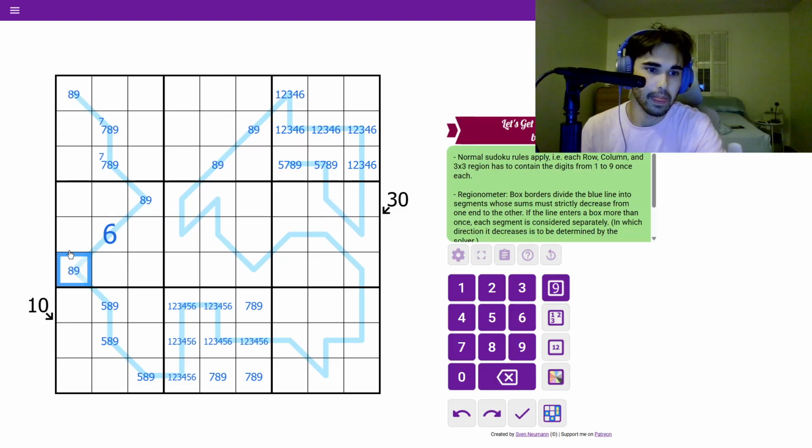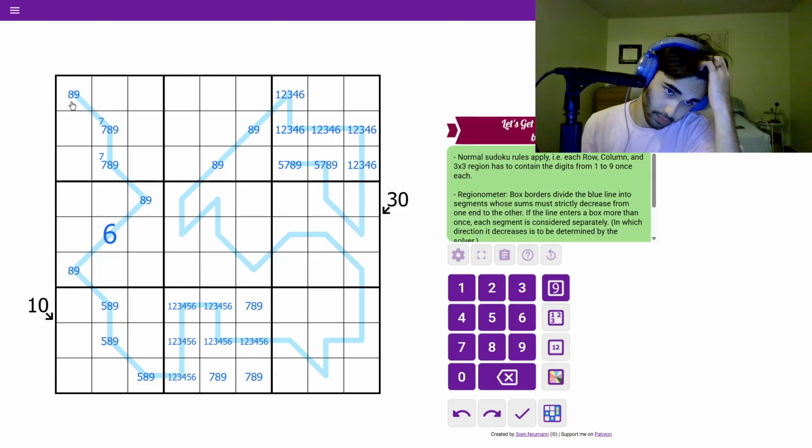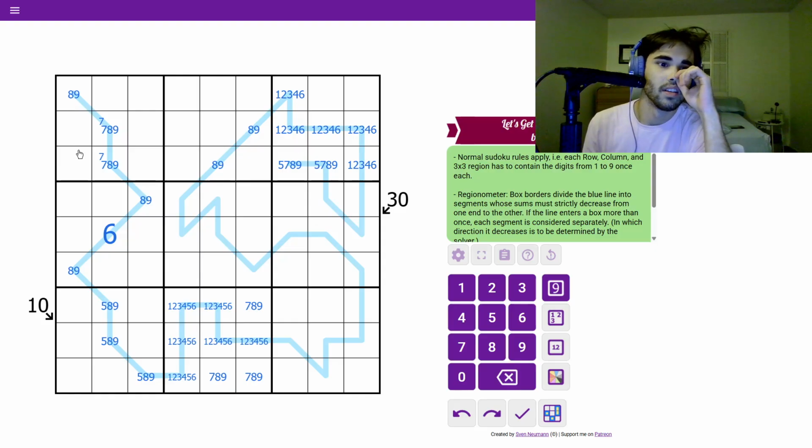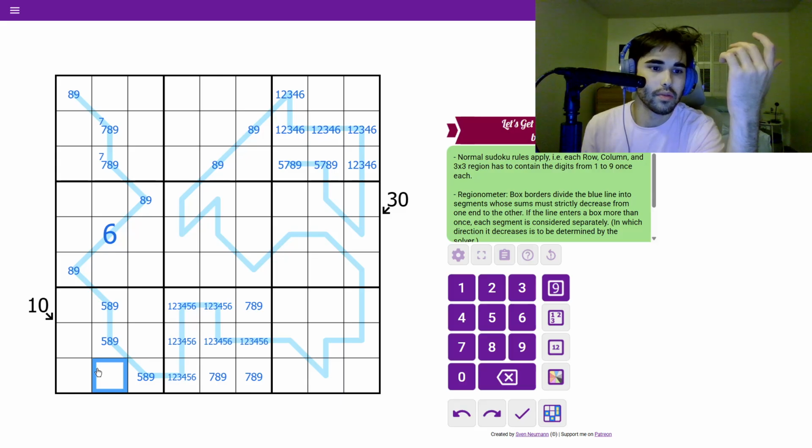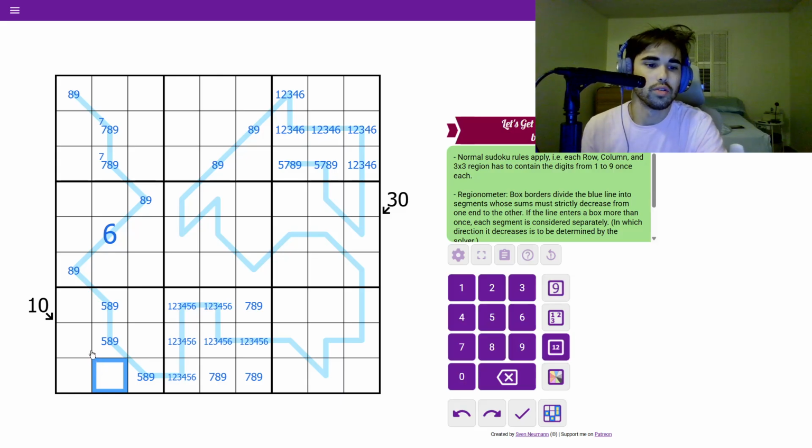Okay. But we already knew 5, 8, and 9 were restricted to those cells. So our candidates then are 1, 2, 3, and 4. 5, 6, yeah.